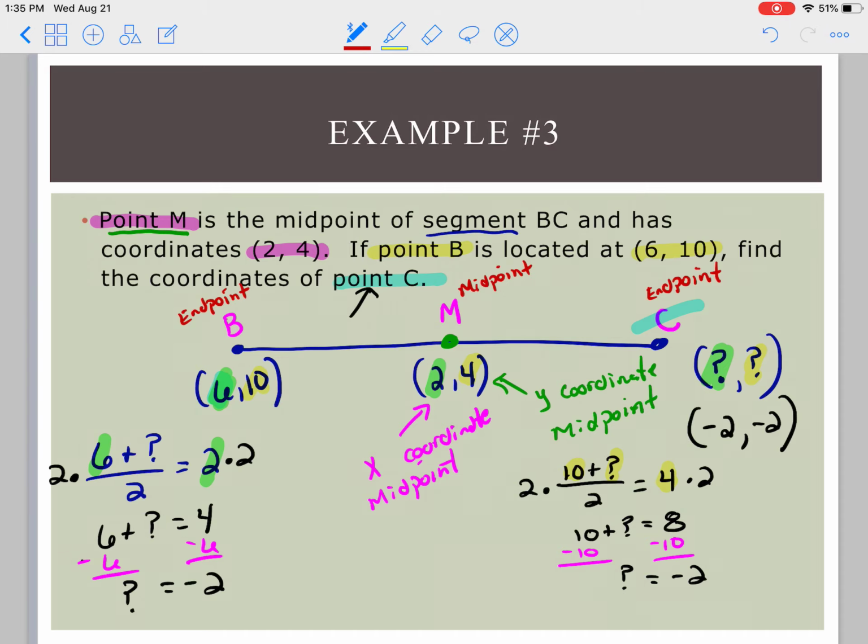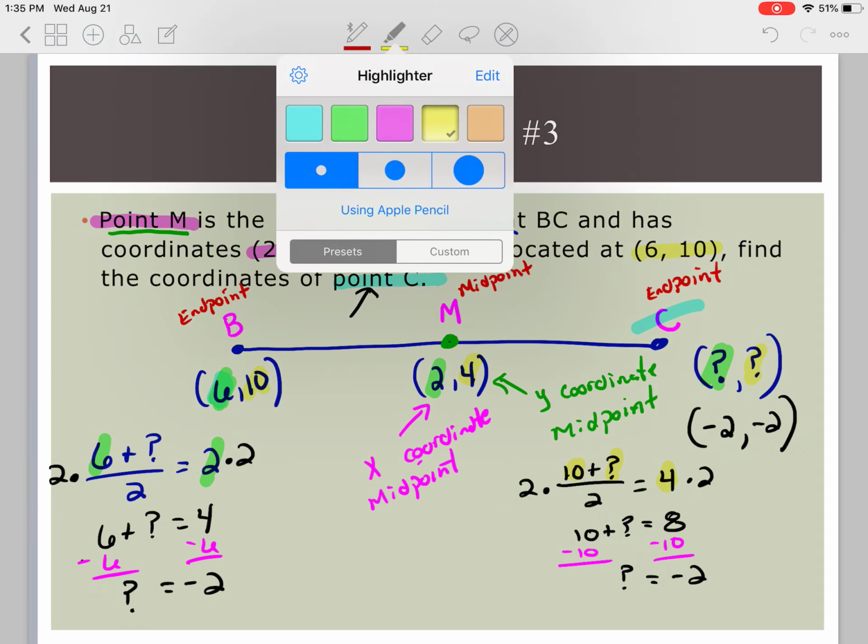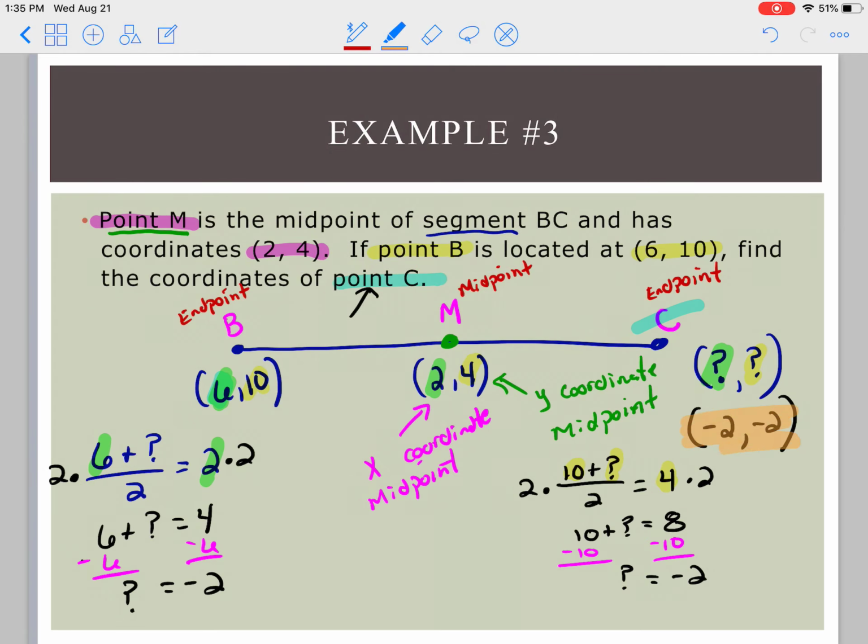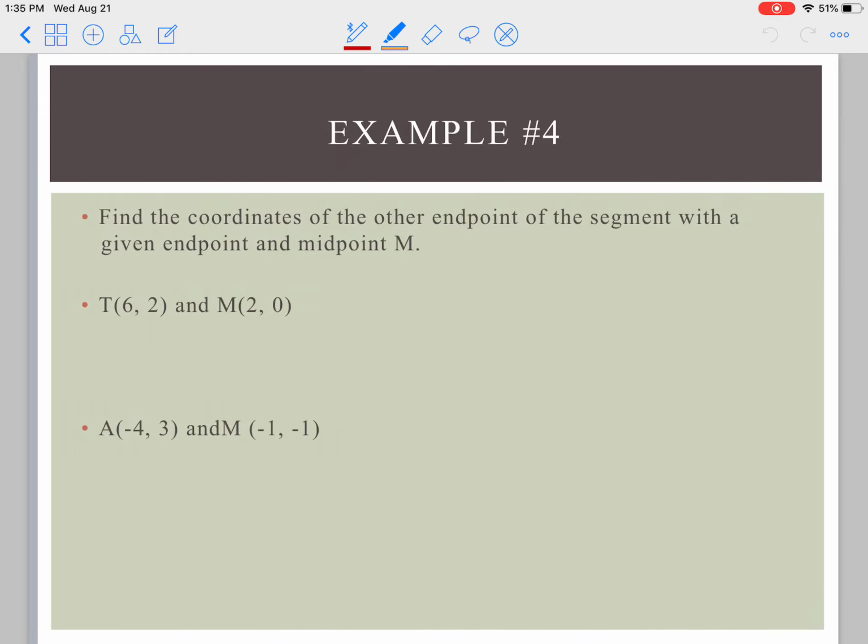So I'm given a midpoint and an endpoint, and I have to find the coordinate of the missing C endpoint, which I did right here. This is the missing C coordinate using the midpoint formula.